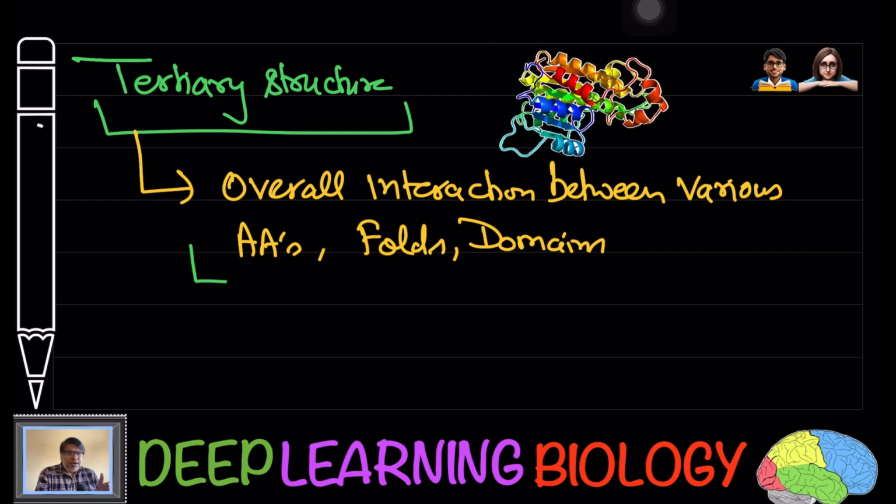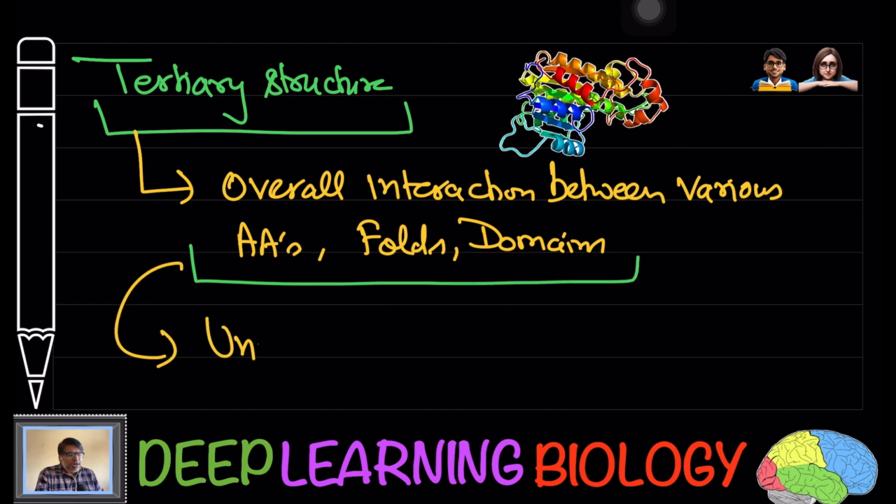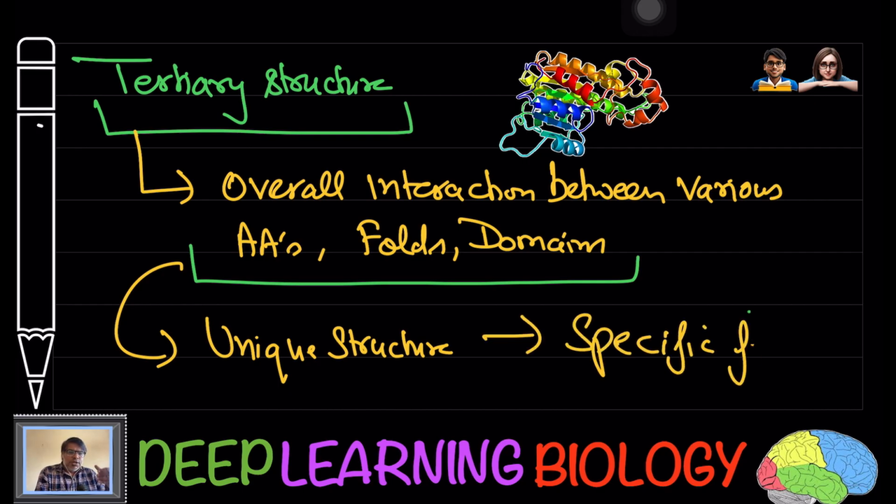Now keep in mind in tertiary structure, generally what you are going to see, a protein at the last is going to have a unique structure. And keep in mind this unique structure is responsible for the specific function of the protein.